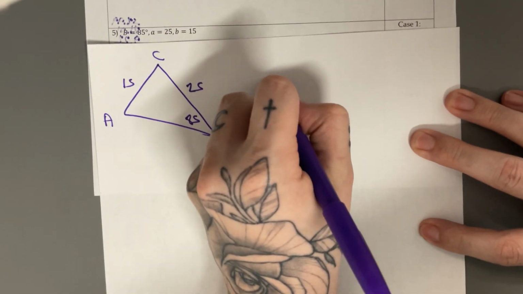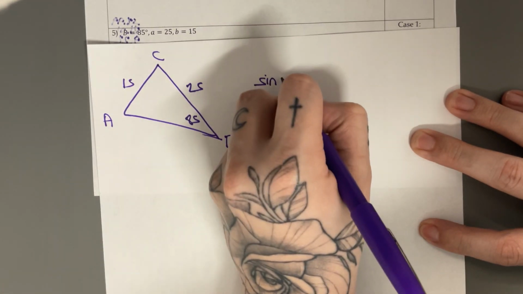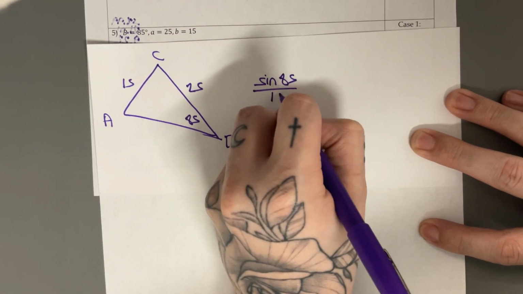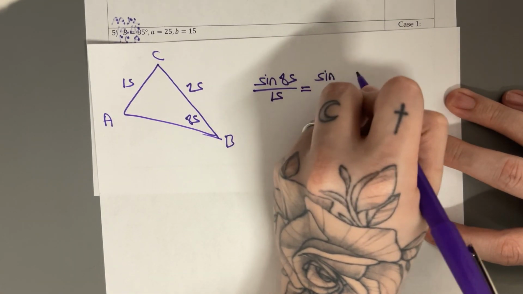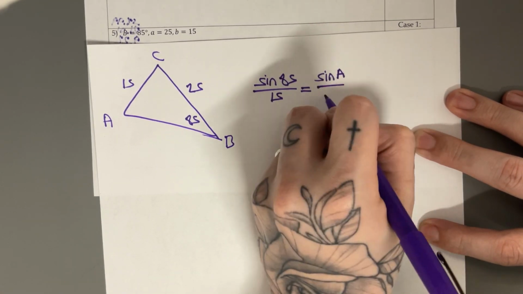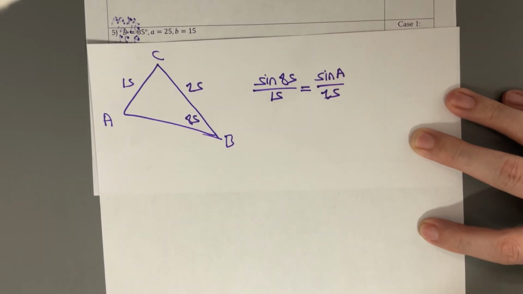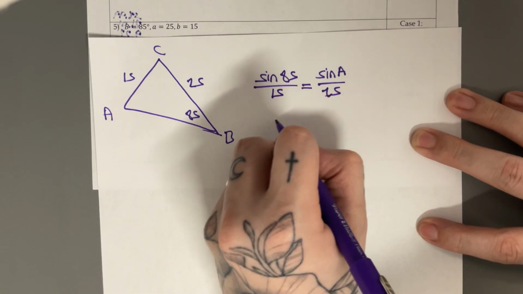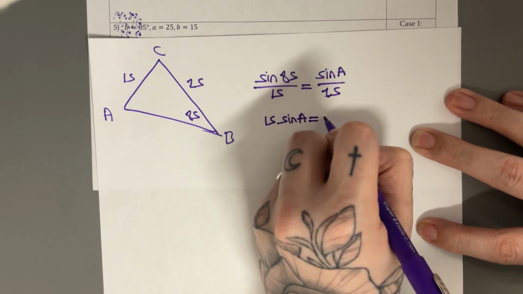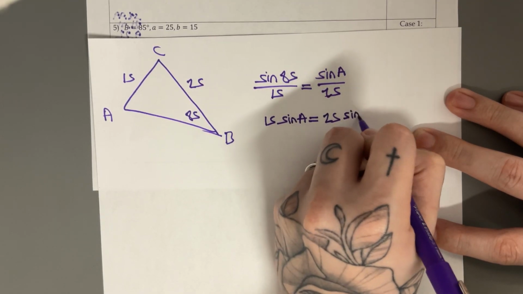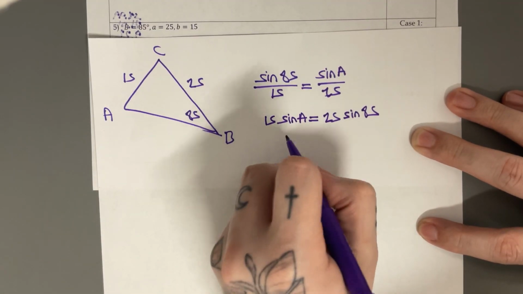Okay, so this is going to turn into sine of 85 over 15, and that's going to be equal to sine of A over 25. So when I solve, we're going to get 15 sine A equals 25 sine 85. So I'm going to divide both sides.